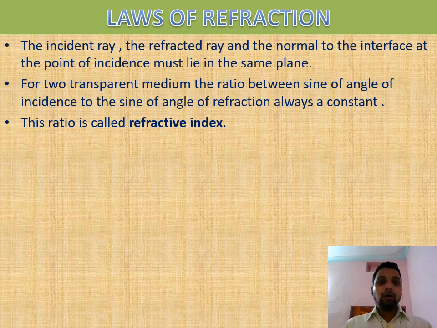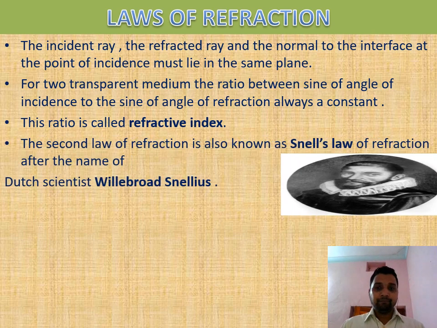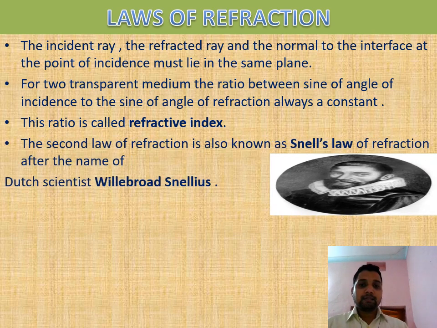And this second law, named after the scientist who gave it, is also known as Snell's Law. Willebrord Snellius is the scientist who gave this law, which is why it is known as Snell's Law.